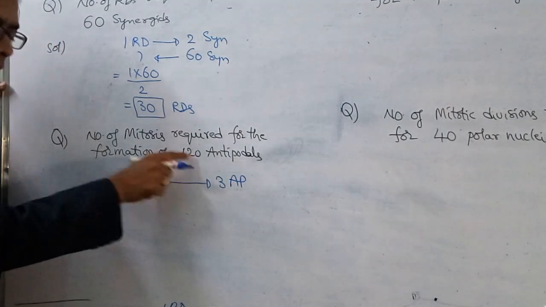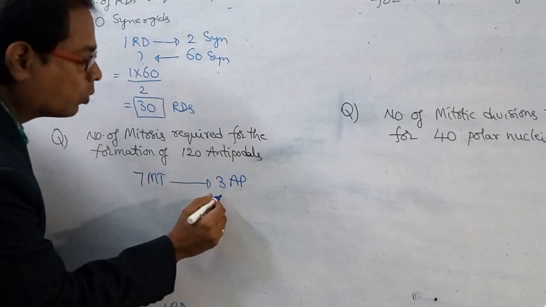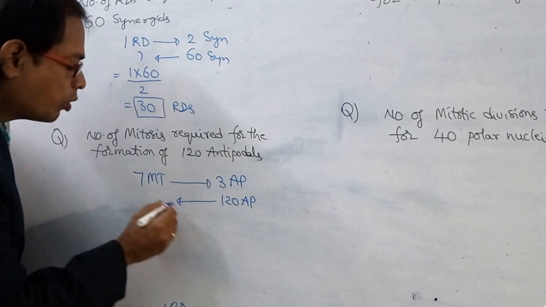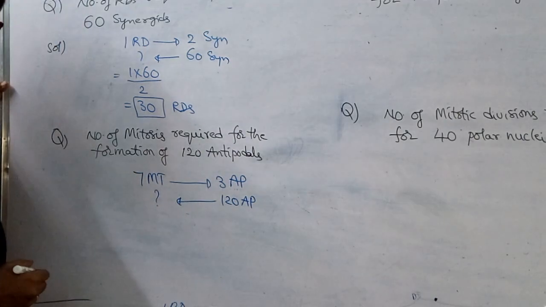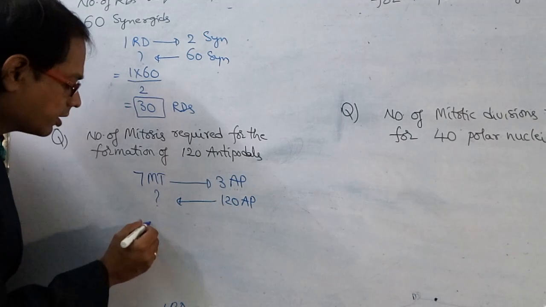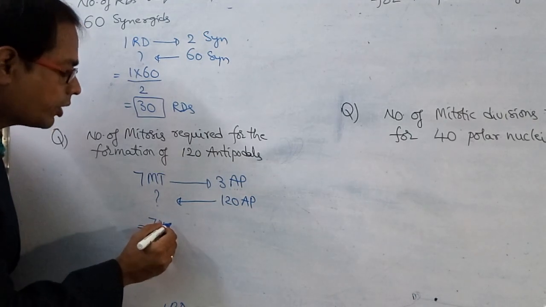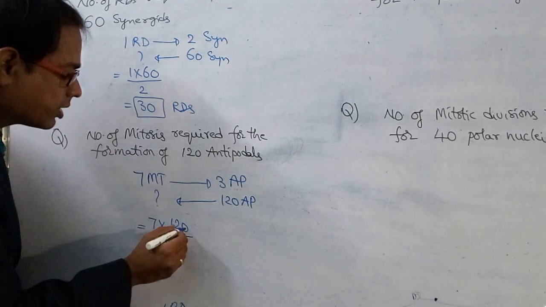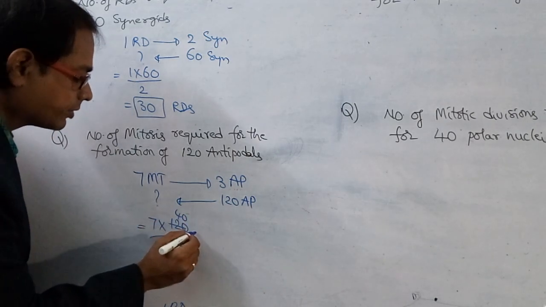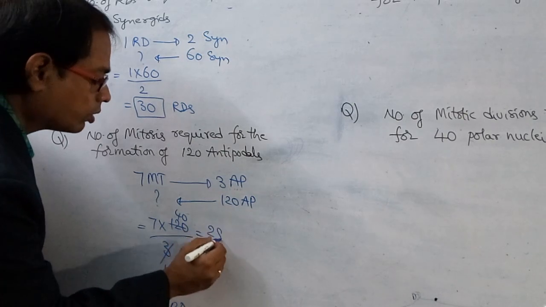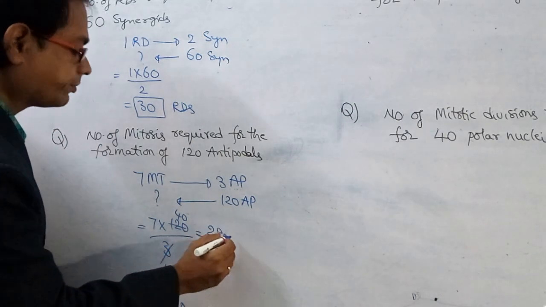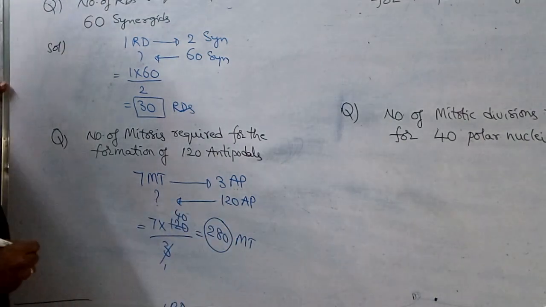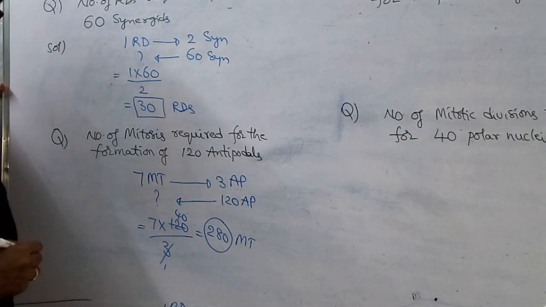How many antipodals are given here? 120 antipodals. How many mitosis required? Cross multiplication, that is 7 into 120 divided by 3. 3 ones are 3, 3 40s are 120. So that is equal to 280 mitosis. Okay? Did you understand, my dear students?